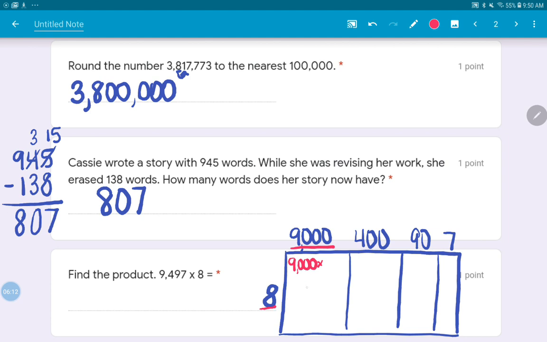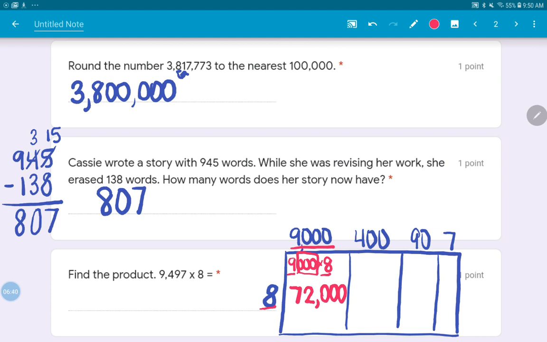What's the width? 8. So 9 times 8 is what? 72. We're in the thousands place value. We have 3 zeros to add. So 72,000 is the area of that section.